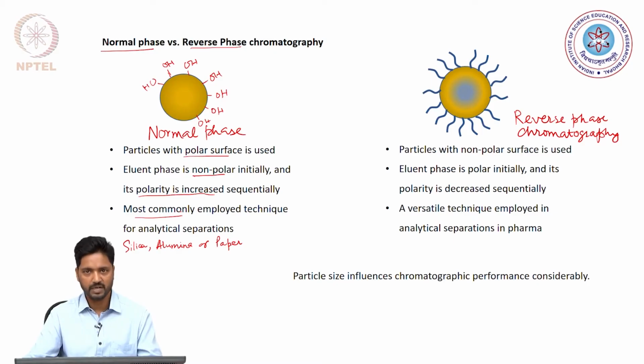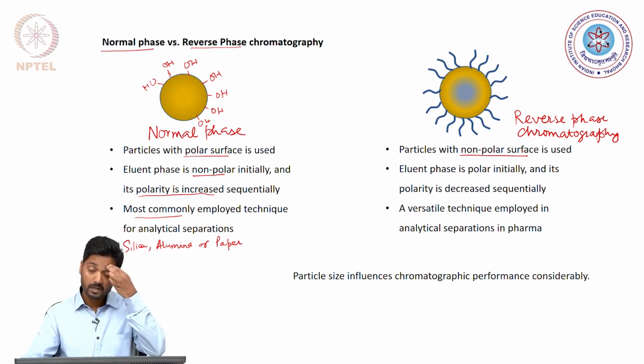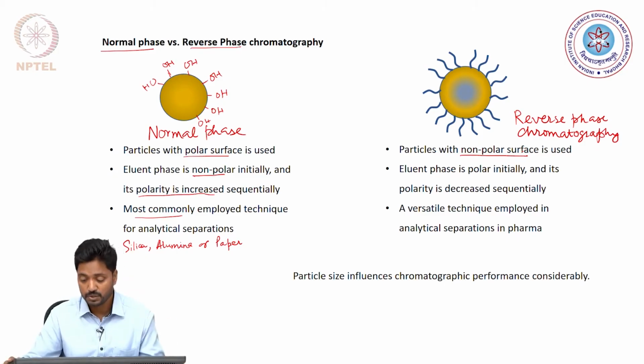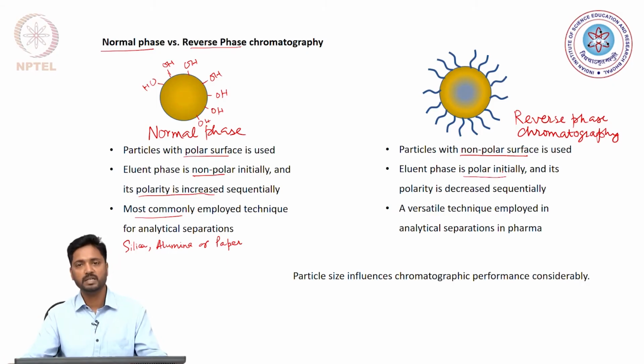Now, a completely reverse of that happens when we are undertaking what is known as reverse phase chromatography. Hence, the name is reverse phase chromatography. Here we have consciously, by design, converted our stationary phase into having a non-polar surface, and how that is done is discussed a little later. And what we do here is to use the eluent phase as polar initially.